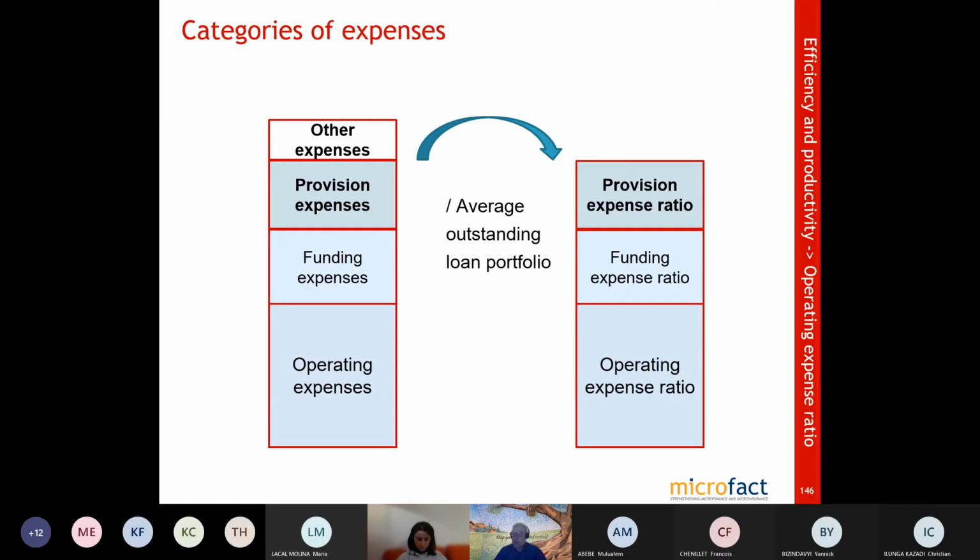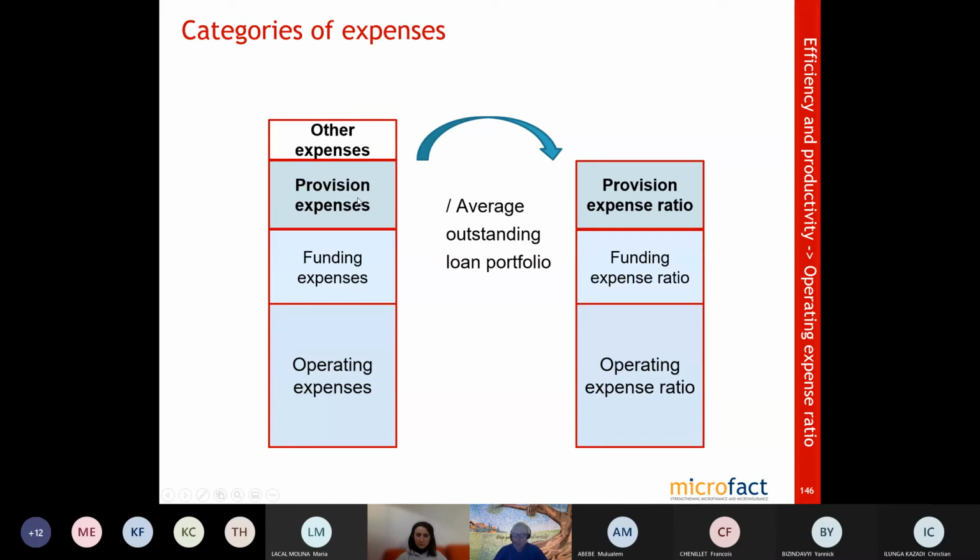But you will see, if we take the categories of expenses in a microfinance institution, the most important expenses are the operating ones. The second one are the funding expenses. We will see this later. This is the funding for external borrowings, but also the interest that microfinance institutions pay on savings of their clients.